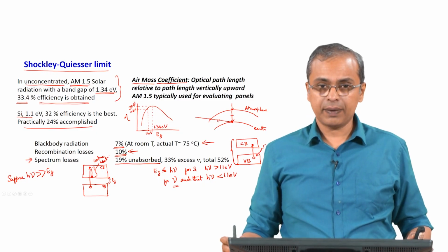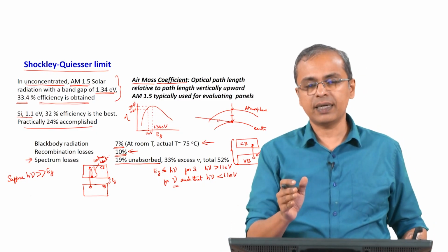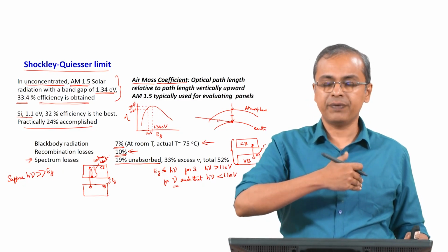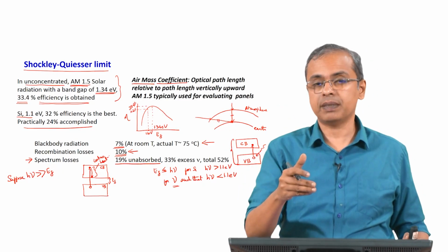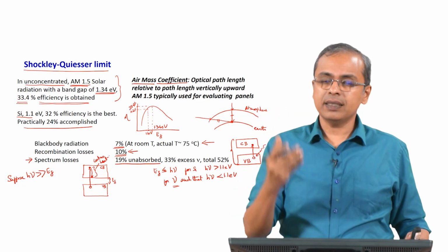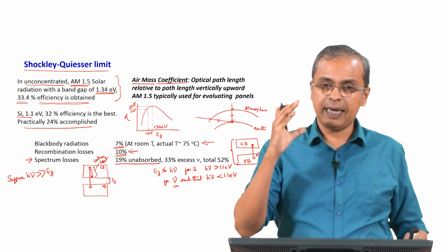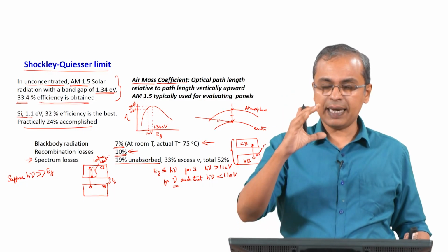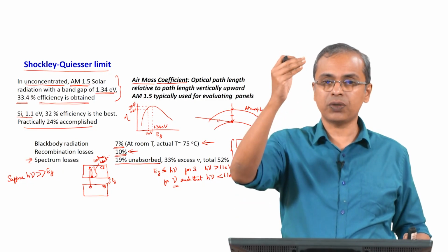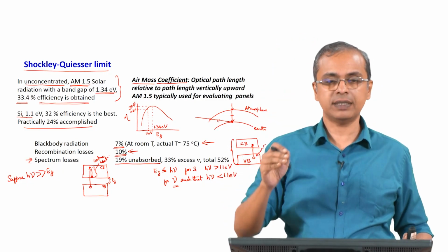So, you end up in a situation where, even though you have kept a band gap such that everything with energy greater than the band gap can be absorbed by the material, only energy close to the band gap value is usably available. All the extra energy over and above the band gap is getting lost as heat.